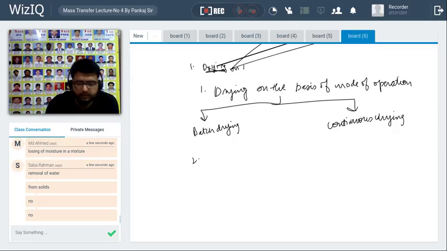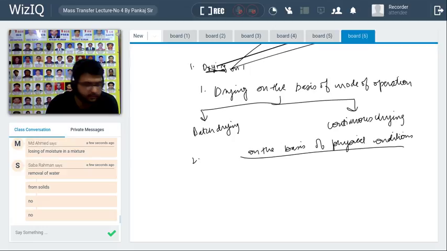Second, on the basis of physical conditions, it can be at atmospheric conditions, drying by hot air.